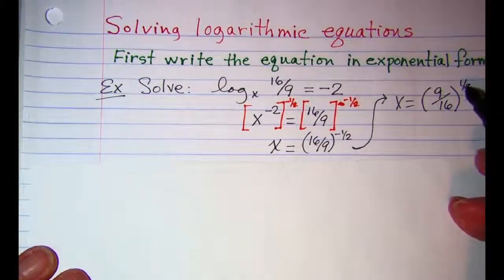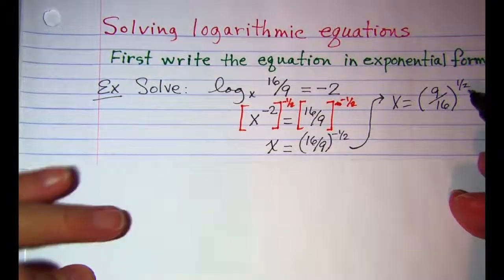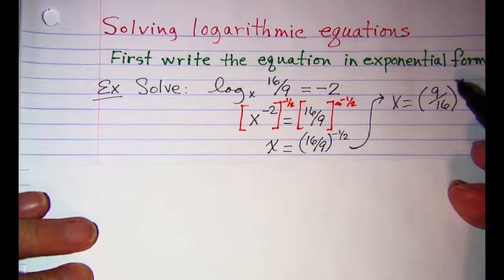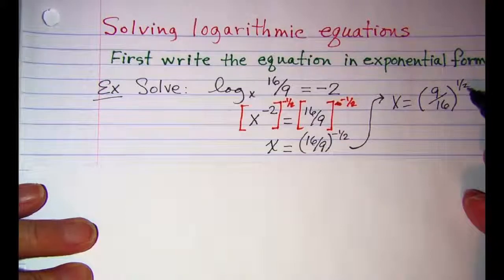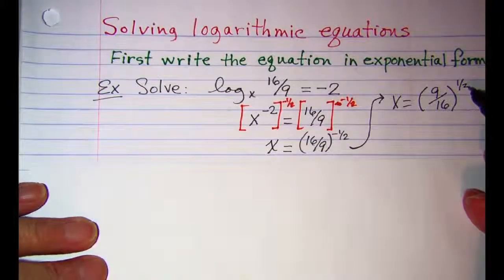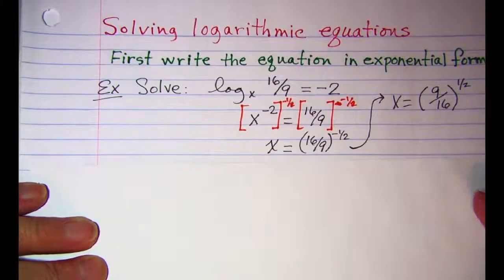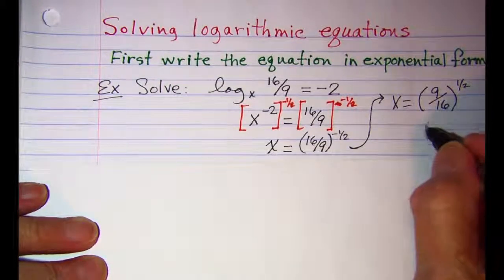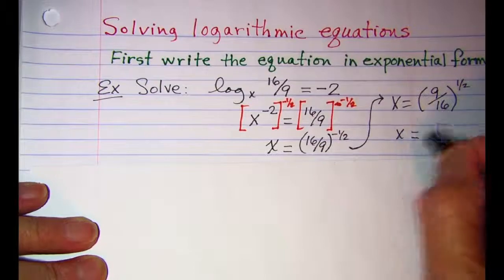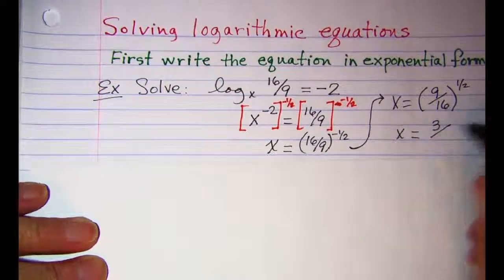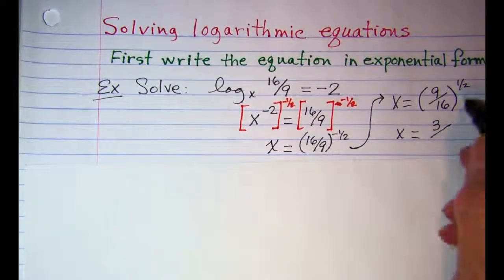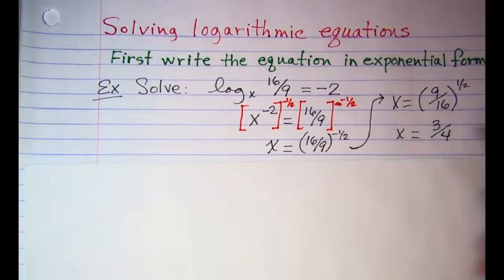Recall that whenever you have a fractional exponent, the numerator is the power and the denominator is the index on the radical. So I have a square root. The square root of 9 is 3, and the square root of 16 is 4.